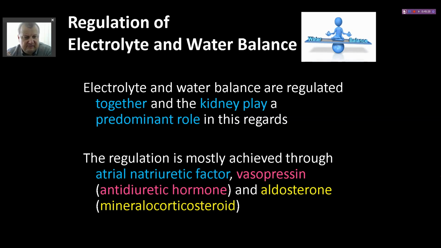For example, atrial natriuretic factor, vasopressin, or another name, antidiuretic hormone, and aldosterone. It's the mineralocorticoid. The main three hormones: atrial natriuretic factor, vasopressin, and aldosterone.